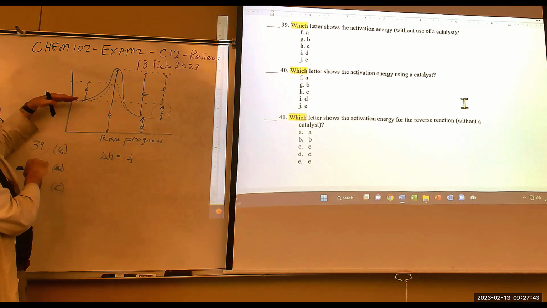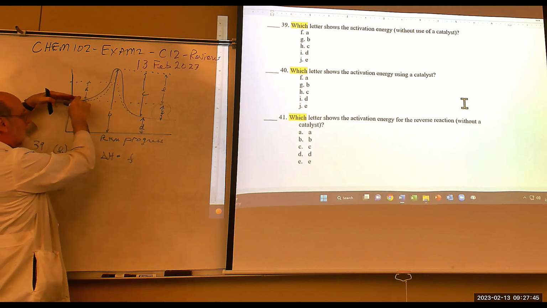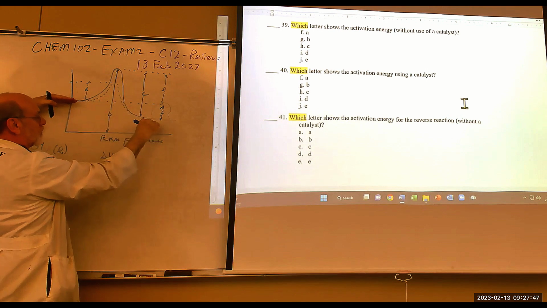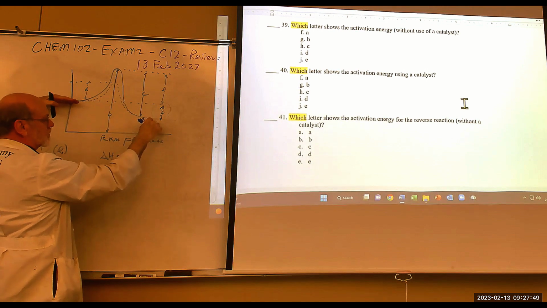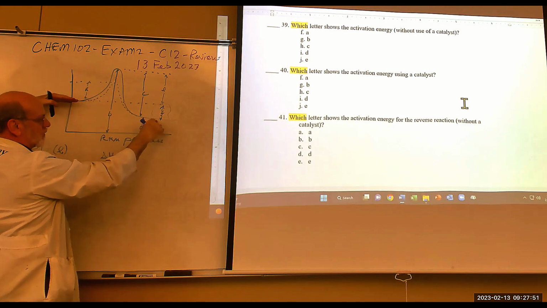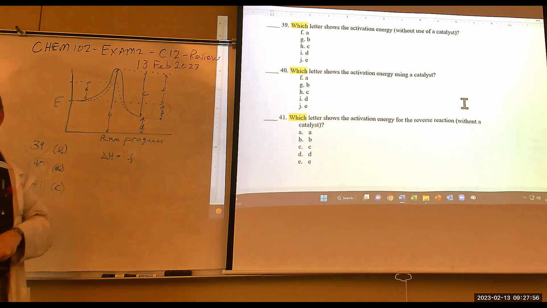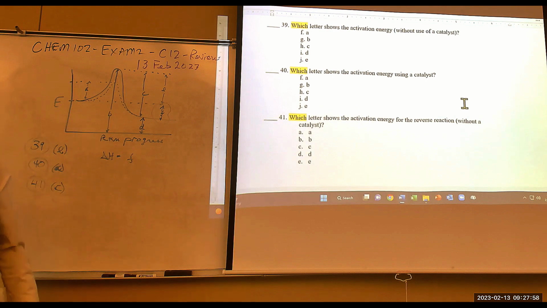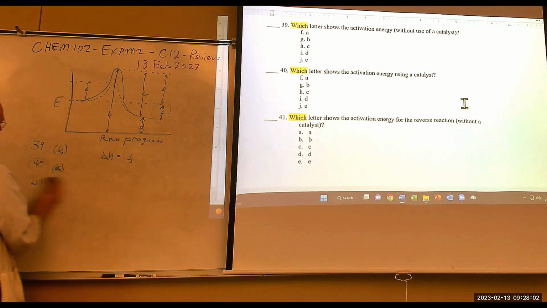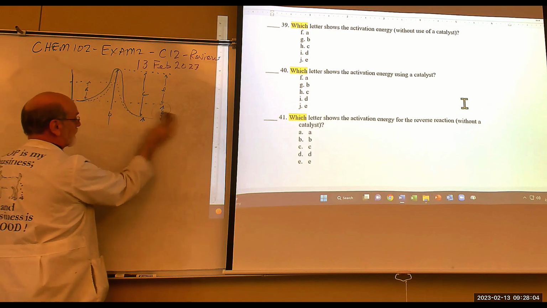You can't create or destroy energy, so the energy it had here, it's got to be there when you get over here. But this is only the energy in the molecules. So where'd the rest of it go? Out of the system, exothermic. Okay, that was 39, 40, and 41 based on that diagram.